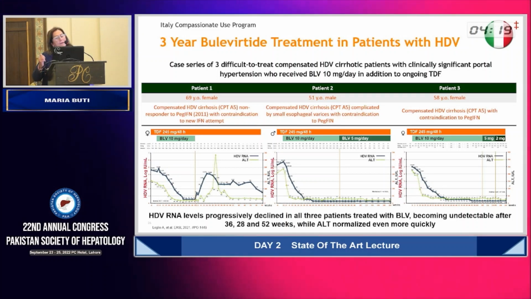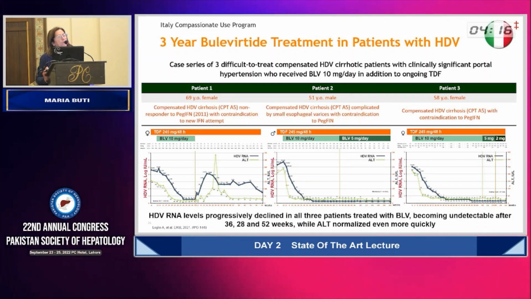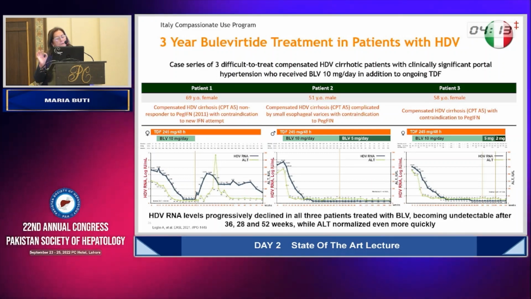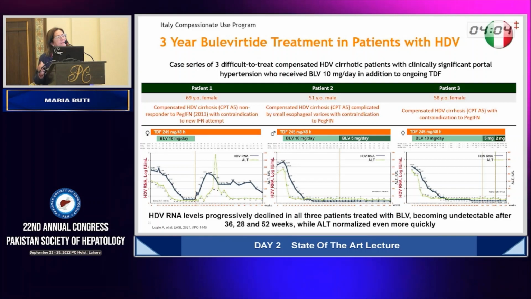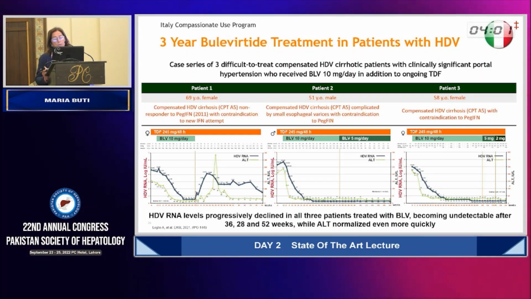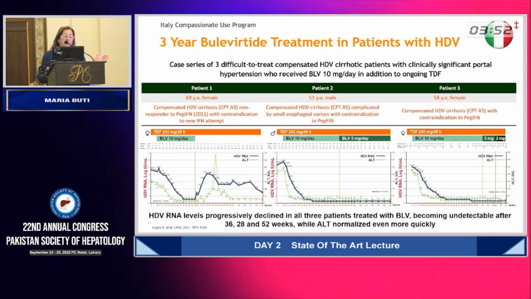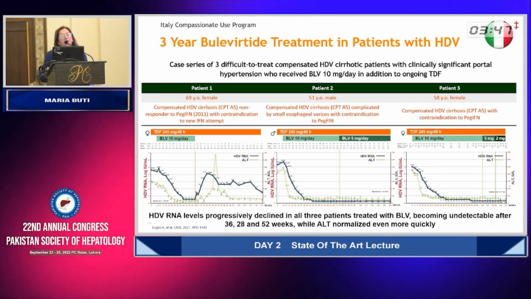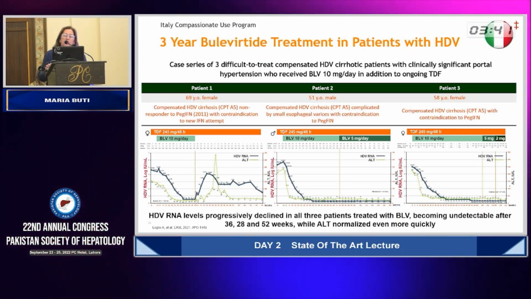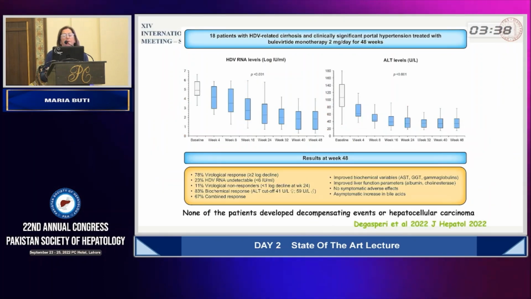We also have data extending the treatment duration for more than 48 weeks. These are 3 cases treated with this drug, 2 cases treated for more than 3 years, and showing maintained virological response on treatment, normalization of ALT levels, and improvement in portal hypertension, while when you stop this drug early after 1 year, patients relapse, and suggesting that this drug has to be given in monotherapy, in long-term treatment.